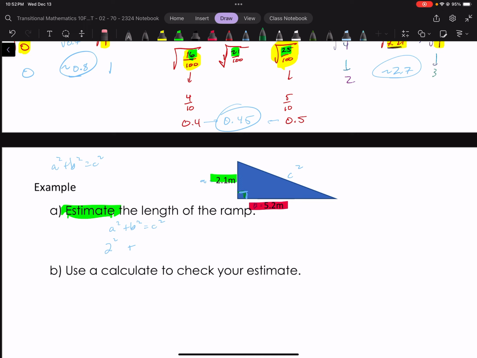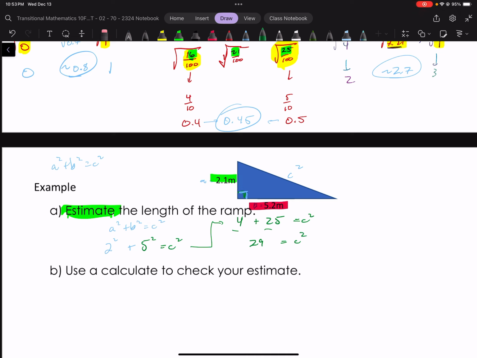So I'm just going to put plus, instead of 5.2, I'm going to put 5 squared. Did you know that's equal to c squared? So I'm just going to continue my work here. 2 squared is 4 plus 5 squared is 25, and that's equal to c squared. Now I'm going to add 4 and 25, and that's 29. 29 is equal to c squared.